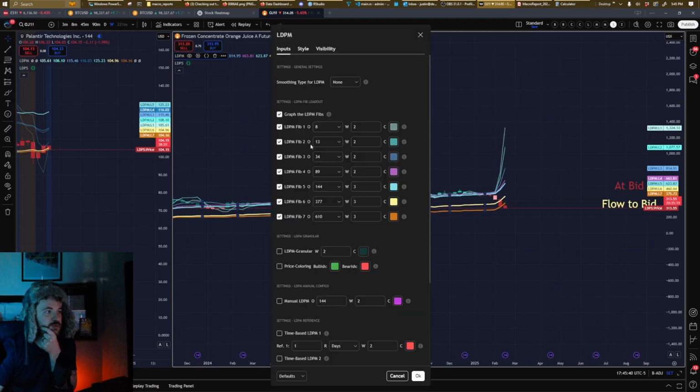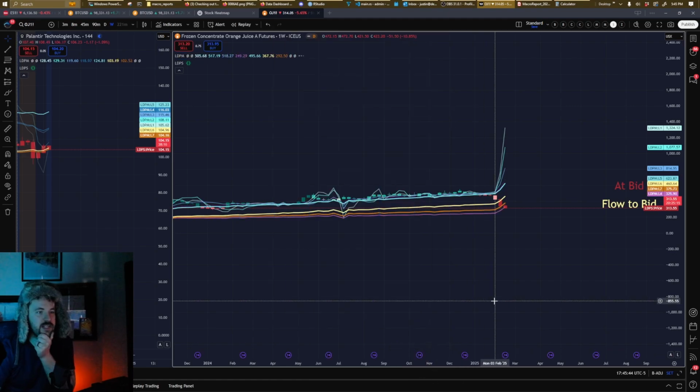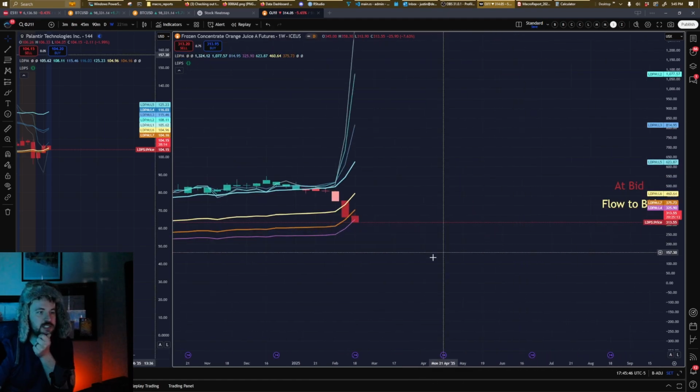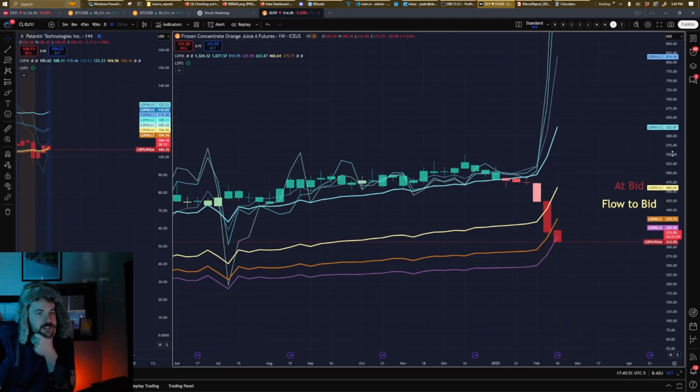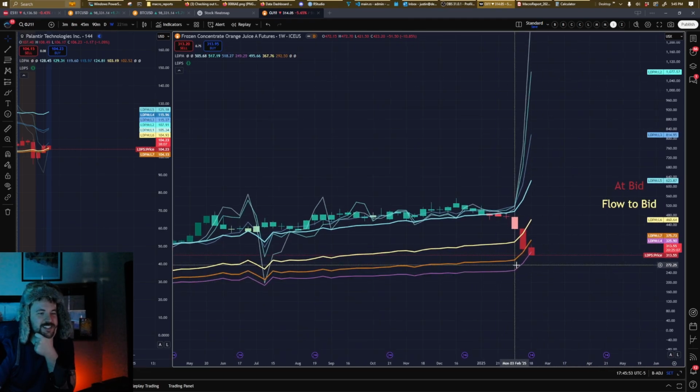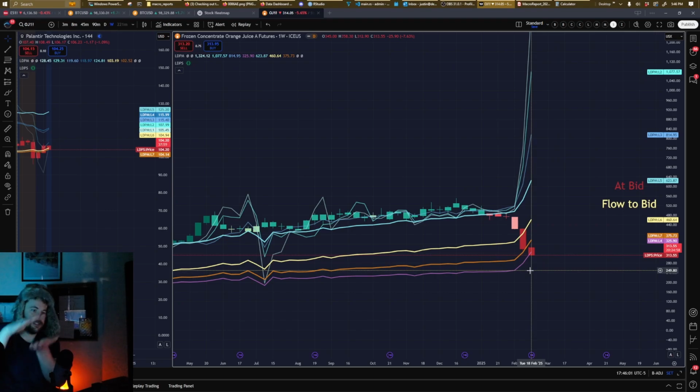And then if we're looking for a floor, we're going to re-add the 987, and we see that that's actually where we're testing now, in a way that's not good. Because remember when we saw the earlier tests of LDPM, especially with the organics, the price kind of bounces on it.